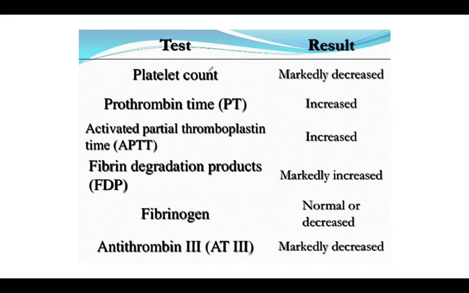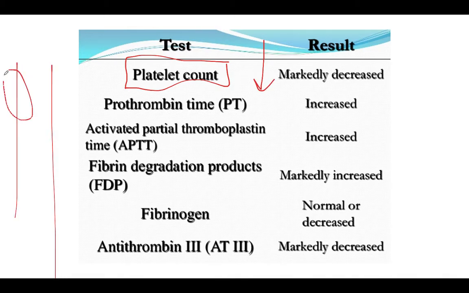Now, what is the lab diagnosis? I mean, the tests you can see. First of all, the platelet count will of course be decreased. Why? Because there are multiple areas forming thrombi, and there will be consumption of the platelets plus the coagulation factors, of both the intrinsic and extrinsic pathways.